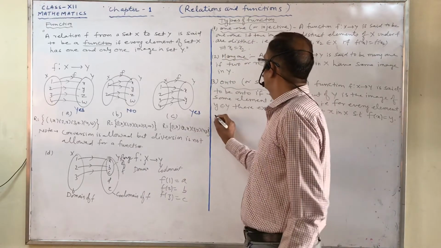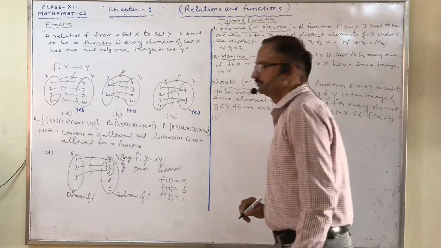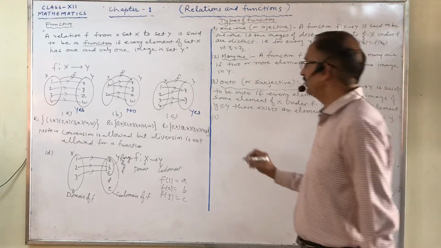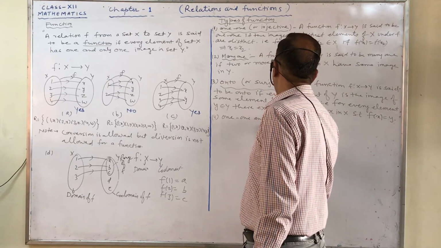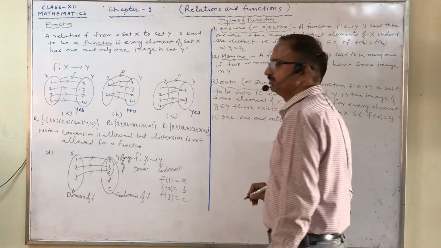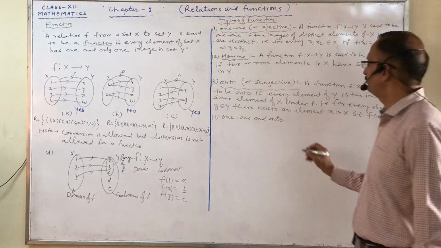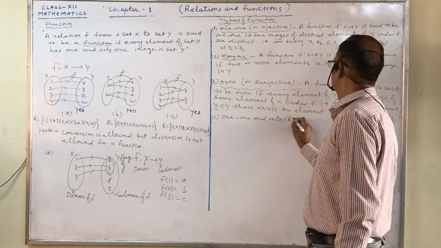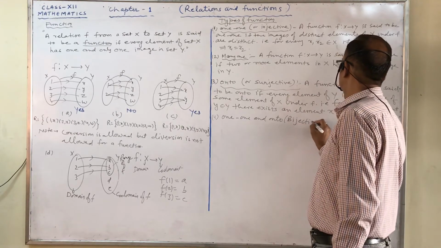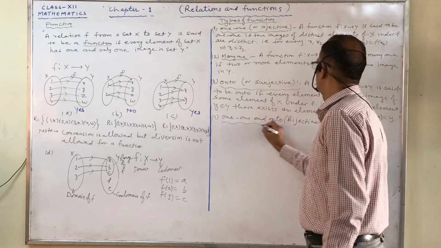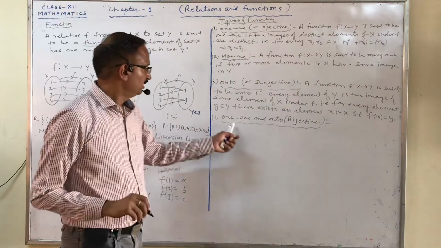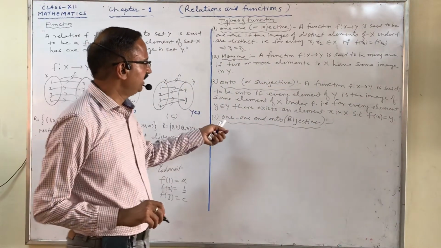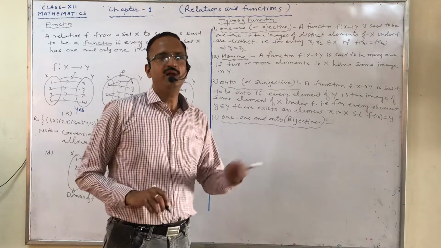Now, the fourth one: one-one and onto. This type of function is called a bijective function. By the name itself, it is clear that it is one-one and onto.